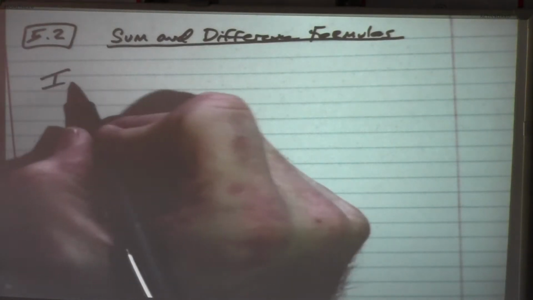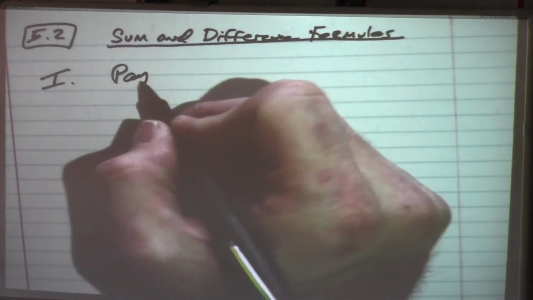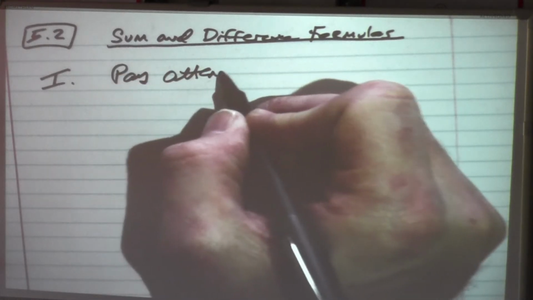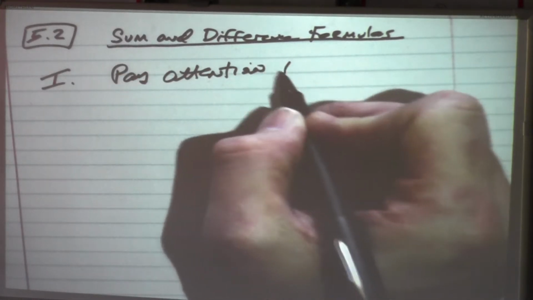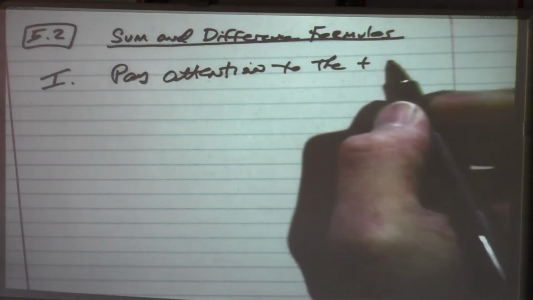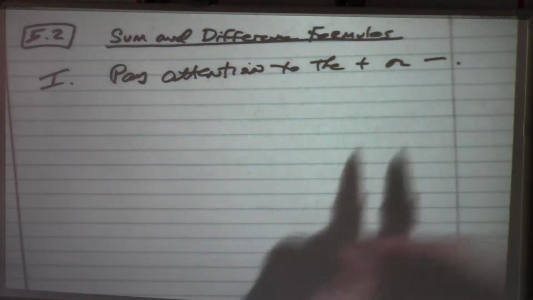So we're going to do a couple of problems to show you what to do with the sum and difference formula. So the first thing is I will remind you what I just said about pay attention to the plus or minus.